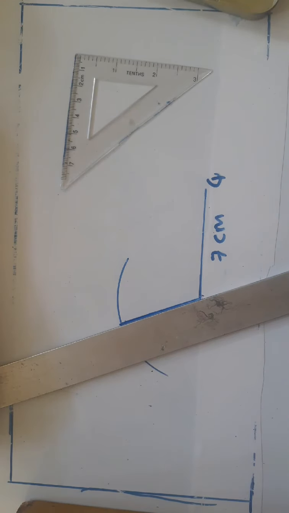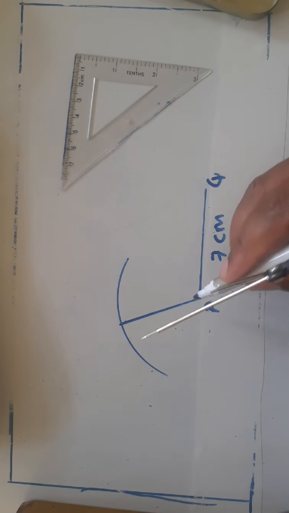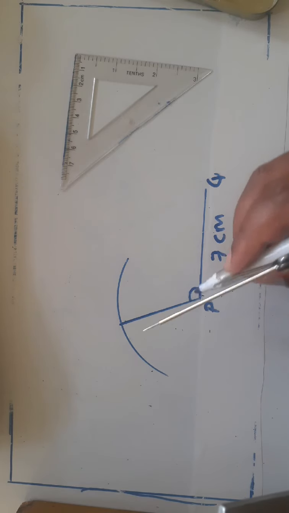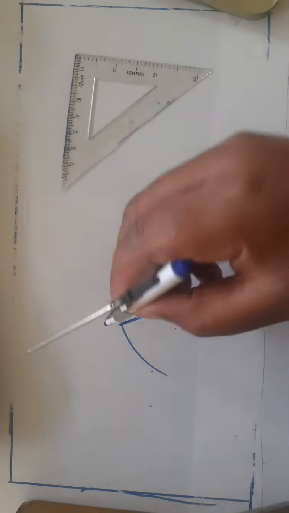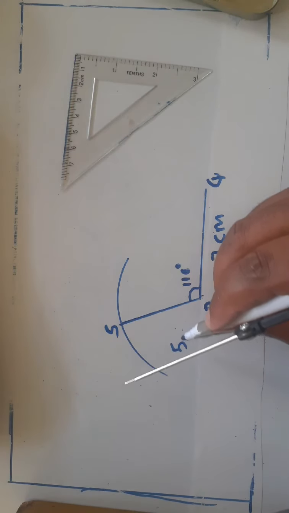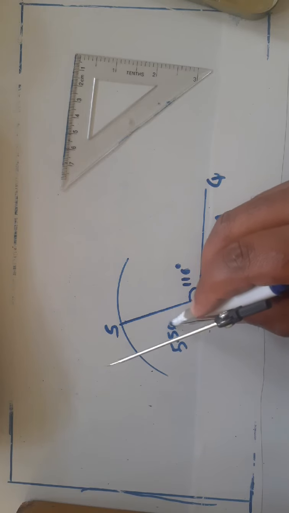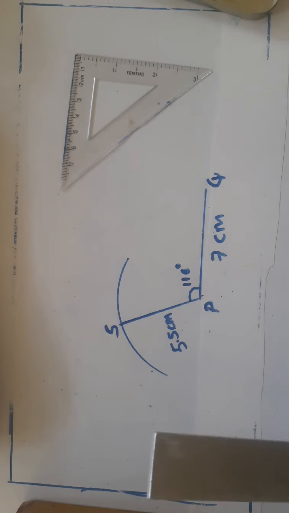Good. Done. So in short, this is 110 degrees, and this is now your point S. This is 5.5 centimeters. Then I will come to this.